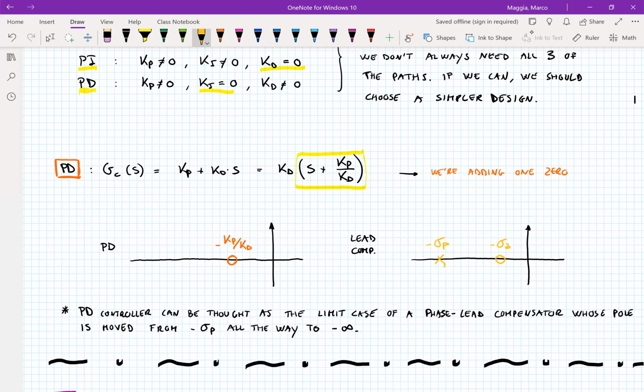The PD controller only has one zero, and the lead compensator has one zero, but also one pole. So you can think about the PD controller as the extreme version of the lead compensator, in which we push the real pole all the way to minus infinity. So it kind of disappears.